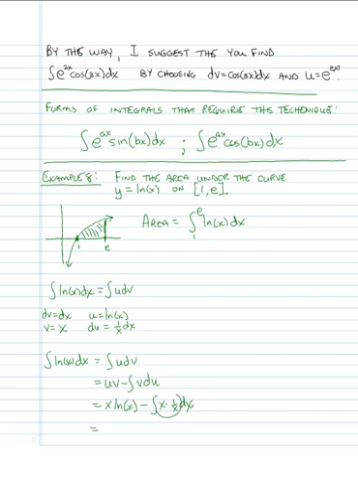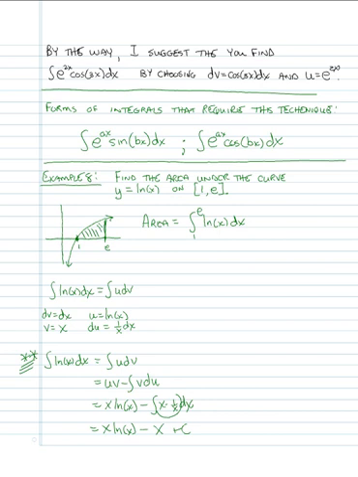So this is x natural log of x minus the integral of dx, which is just x, isn't it? And of course, normally we would have plus a constant of integration. Well, I want you to remember this technique, whether you remember the results or not, but remember the technique. This is special, okay? This is kind of special.